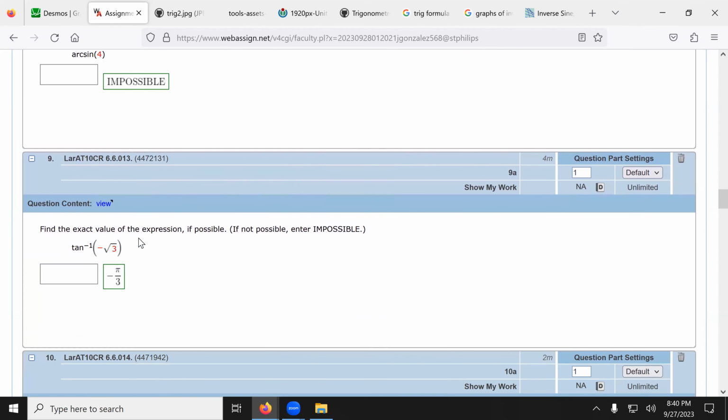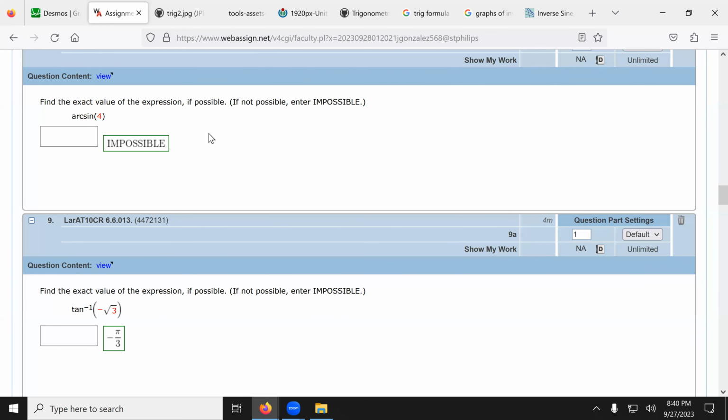You see why this one is impossible? Look at this page I opened up.